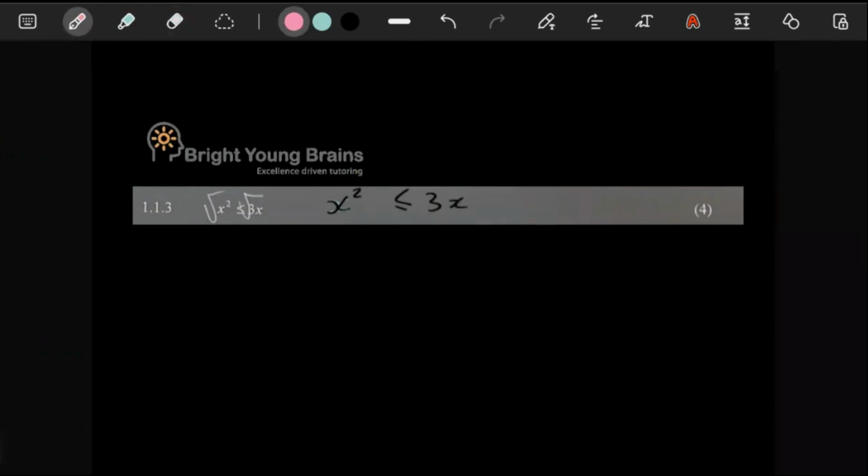If we take everything to one side, we're going to have x squared minus 3x bigger or equal to 0. So this is actually a parabola, where you firstly want to solve for x. So solving for x, you can take out x as a common factor. You're going to have x times x minus 3.